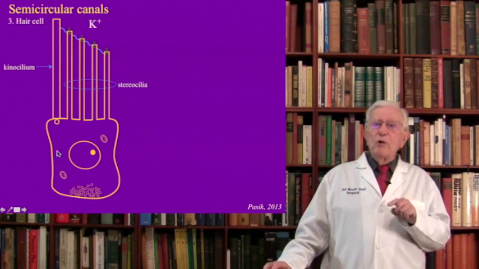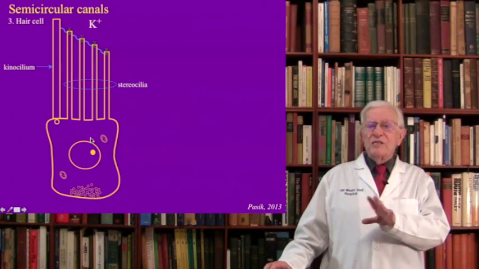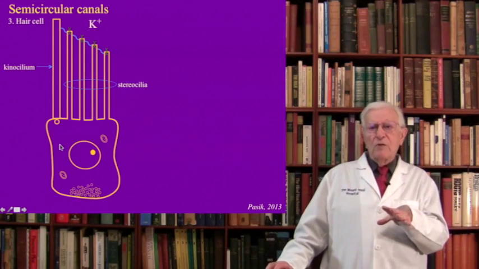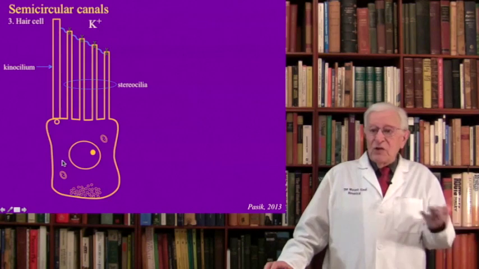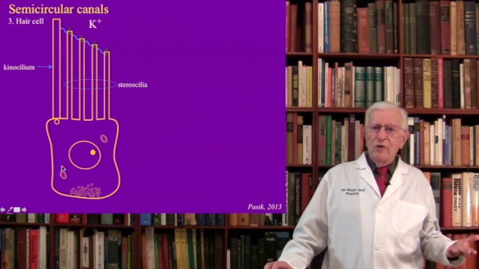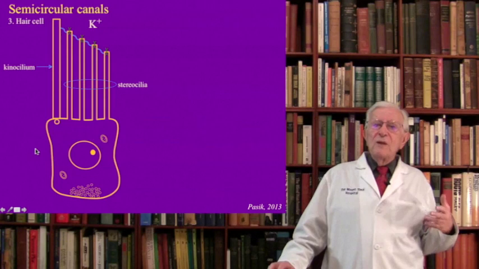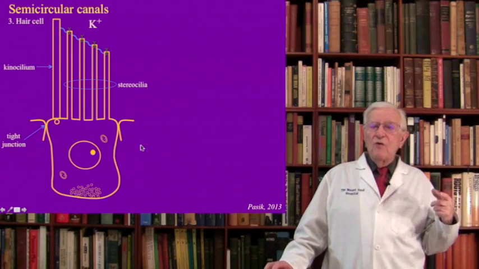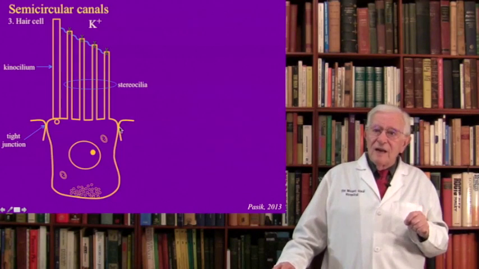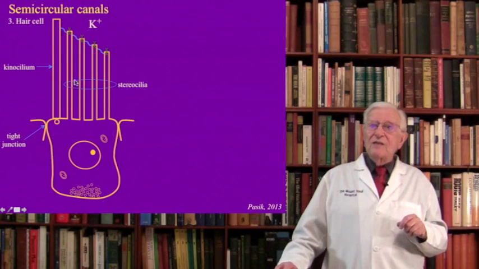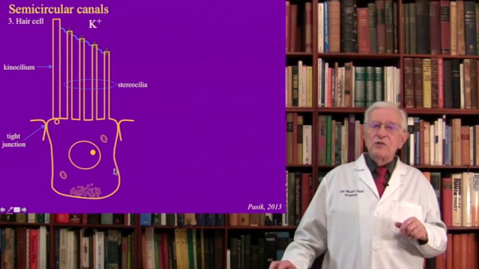But the only way it will work is if the rest of the cell is excluded from that compartment and behaves like any cell with intracellular and extracellular ionic components. And that's accomplished by tight junctions of neighboring cells.